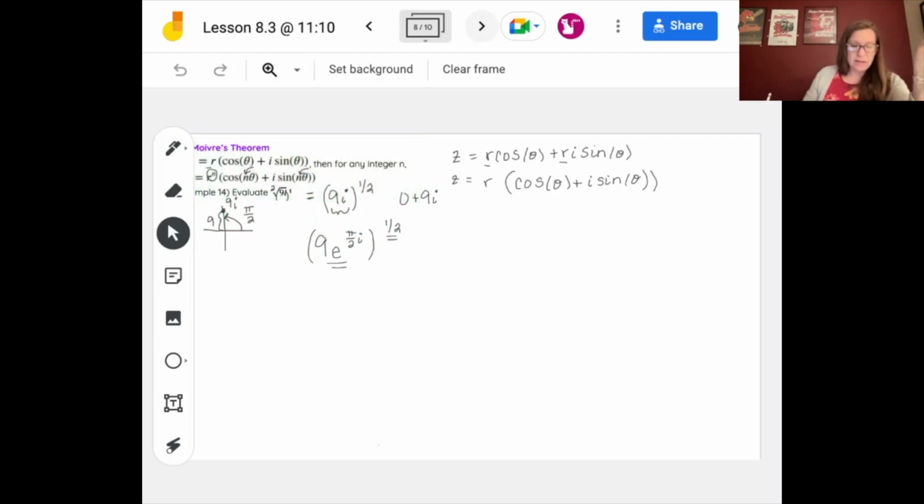Let's expand this then. This will then be our radius to the power of n, or 1/2, so 9 to the power of 1/2 times cosine of 1/2 times our theta, pi over 2, plus i sine of 1/2 times pi over 2.